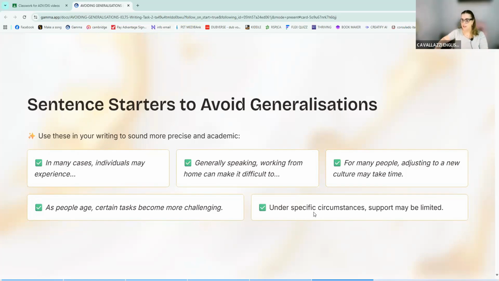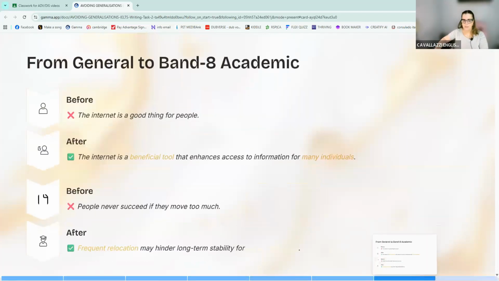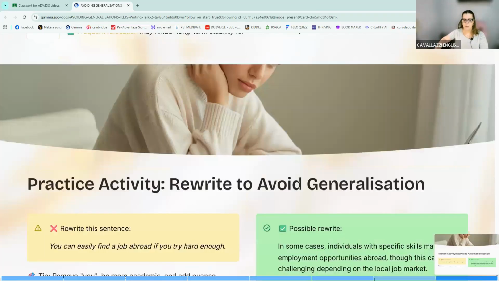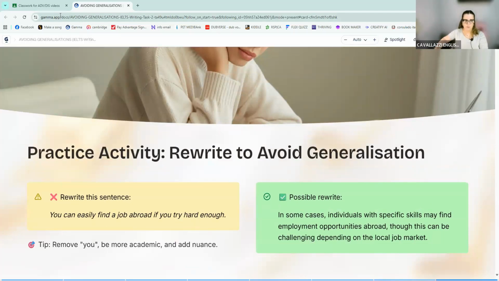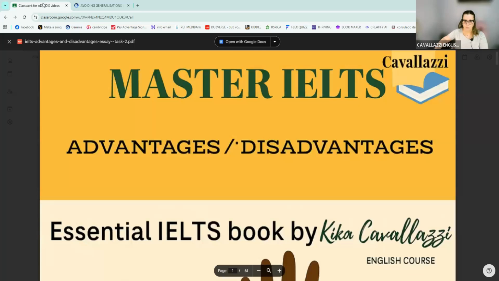And here I'm putting under specific circumstances, support maybe. So this maybe isn't actually saying that it's truly so or that it is definitely the case, okay? So I would really like you to pay attention to this avoid generalization, which is what I'm going to talk about here on page 39 of our book.